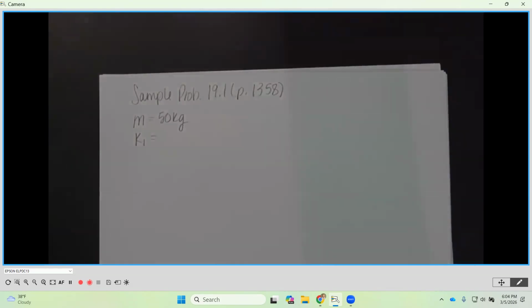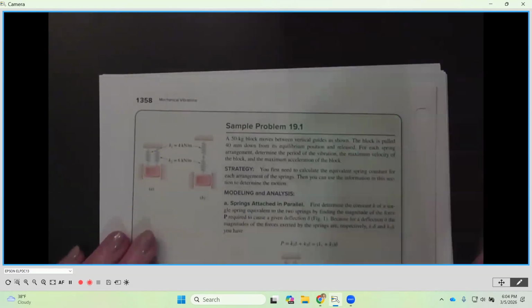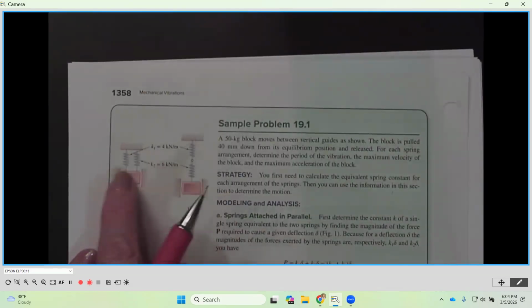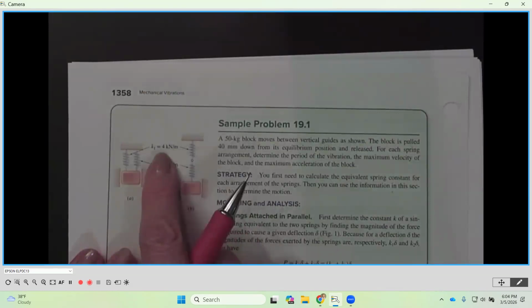From the problem, we were given the mass. The mass of this block is 50 kilograms. The spring rate of spring number one, K1, which is the spring on the left-hand side and the top spring here, is 4 kilonewtons per meter.